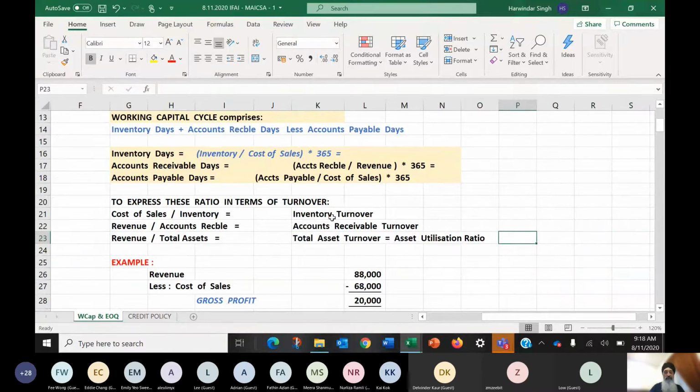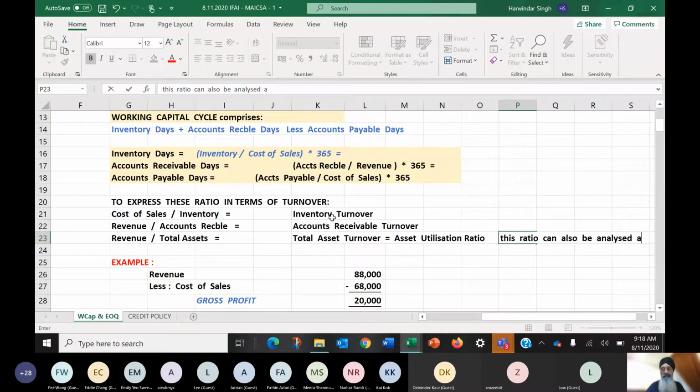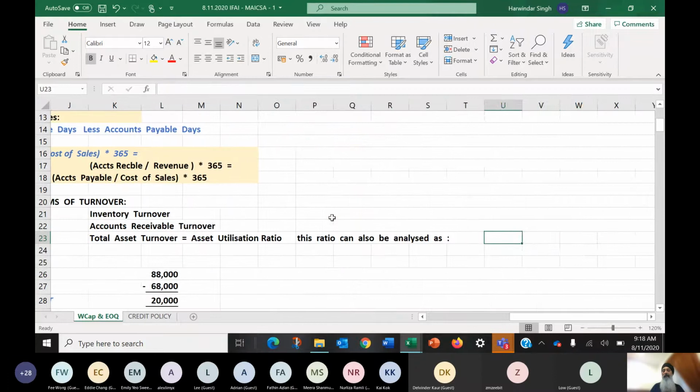Sometimes this ratio can also be analyzed as, you see, if overall we call it total asset utilization, that's what we call it.